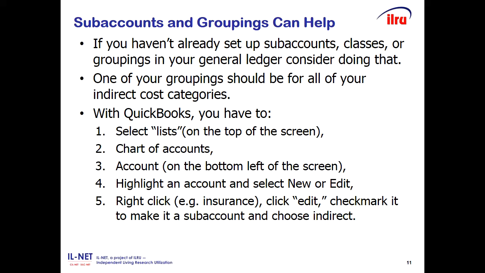Then it'll say a sub-account of what, and you just find indirect. That's how you would make insurance a sub-account of indirect in QuickBooks. We can't address all of the different general ledgers, but if you have any sort of capability for groupings, there will be a process similar to this.